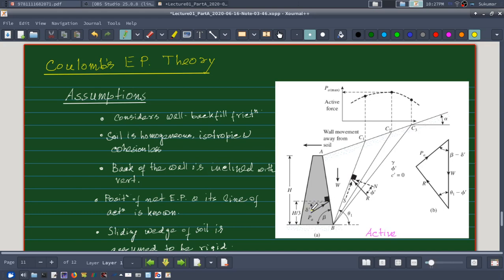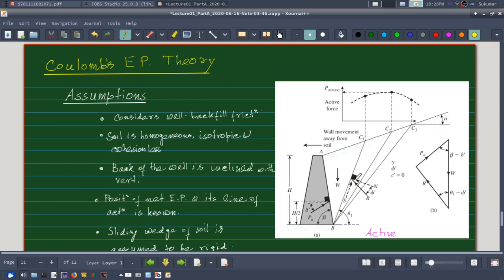Okay, so by knowing all these, and by knowing that my failure surface passes through the heel and is inclined at some angle theta 1 say with the horizontal, and the angle of inclination of the wall back is say beta, then from the geometry it can be shown that this resultant is the resultant of what?